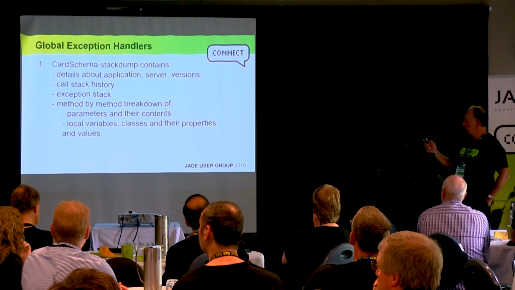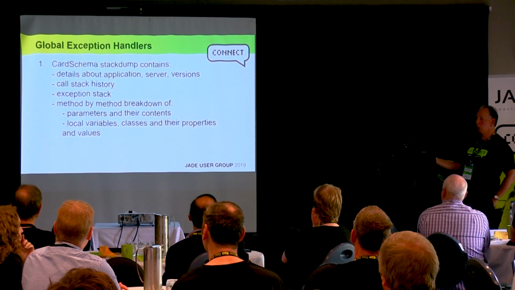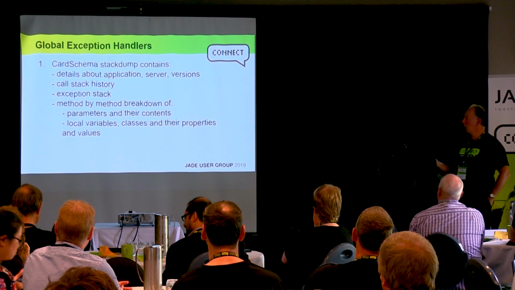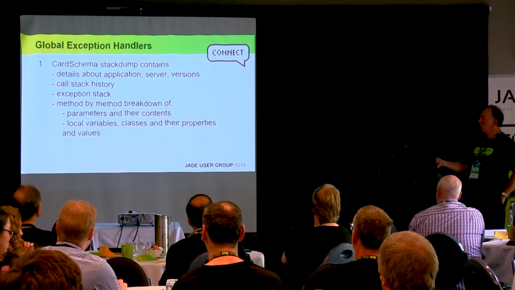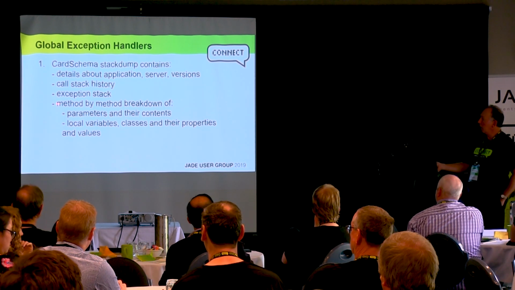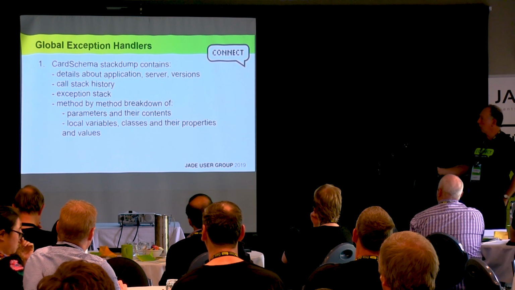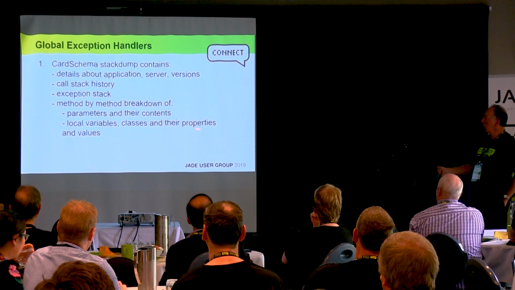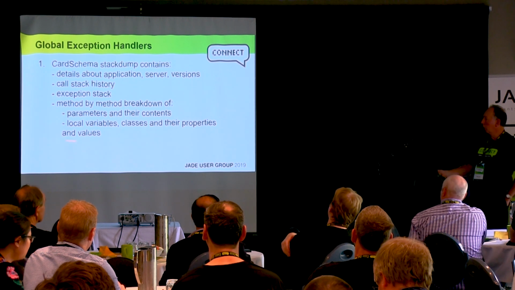So given that you're going to get the full dump, you'll get the details about the application, the server, the JADE version, the card schema version, your own application version, what server it executed on, the time of day, which application. You'll get the call stack history, you'll get the exception stack history, and you'll get a method by method breakdown, and it will show all the parameters and the contents for every method, and the local variables, classes and properties for every method, and the values of those properties.